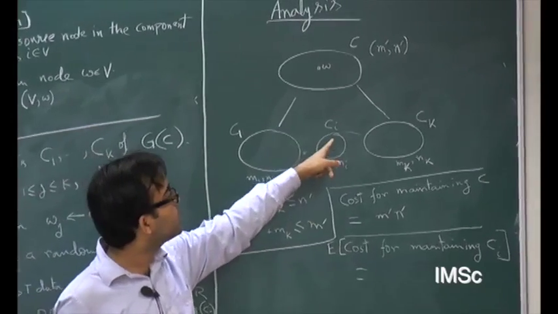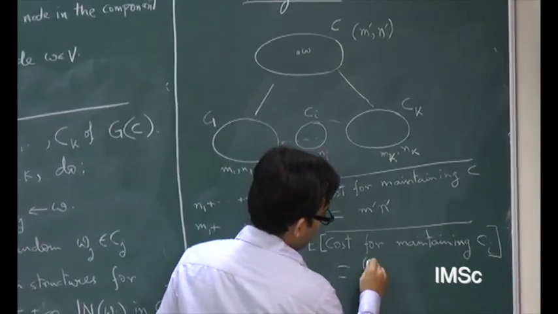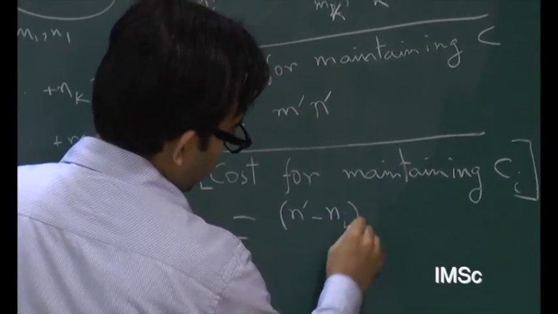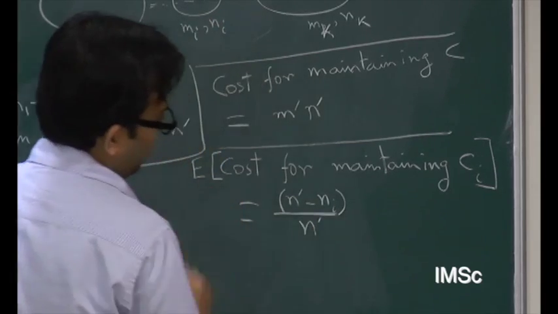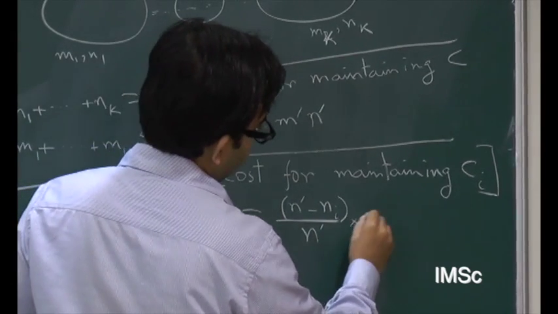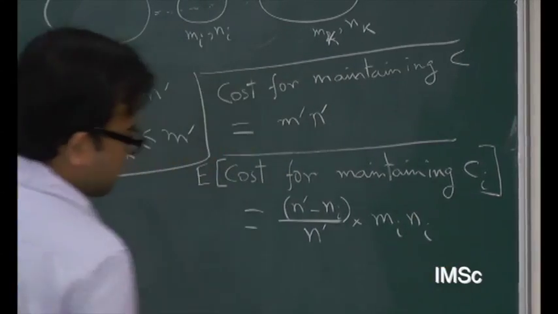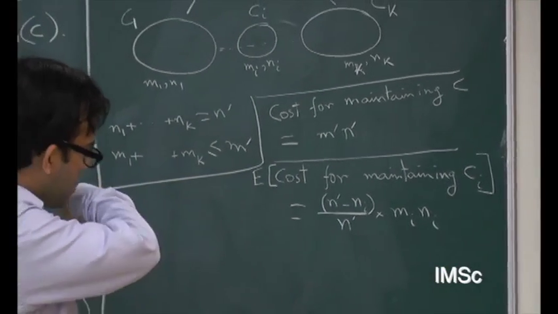So, what is the expected cost? What is the probability that W does not appear here? It is going to be N prime minus, okay, it is the same thing, Ni divided by N prime, times Mi Ni.